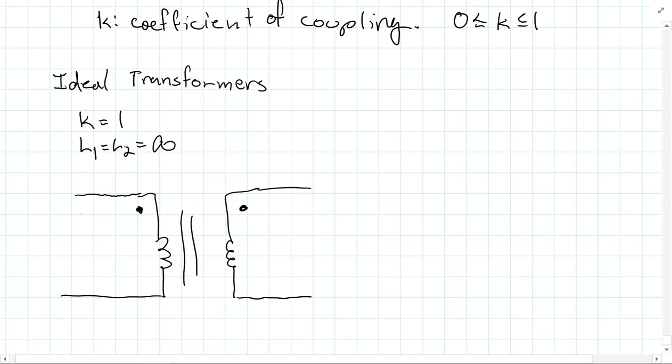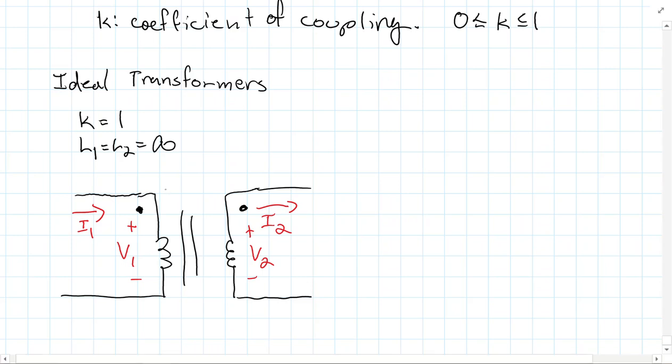And then what we had here is you want the current on the primary side to be going into the dot, and then you want the current on the secondary side to be leaving the dot. And then what we ended up having is we'd have this plus minus V1 on the primary side and plus minus V2 on the secondary side.